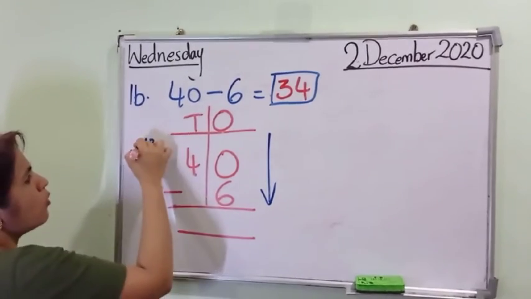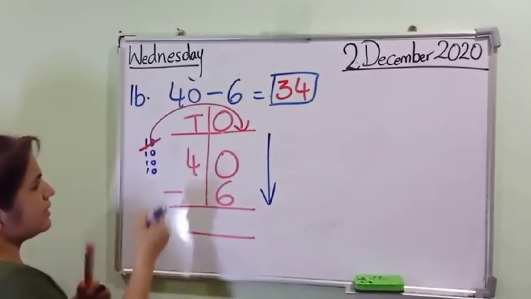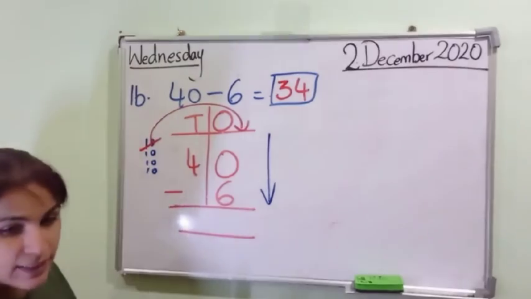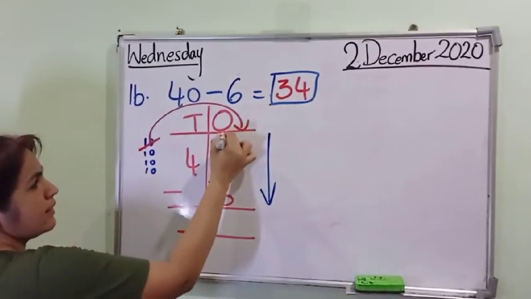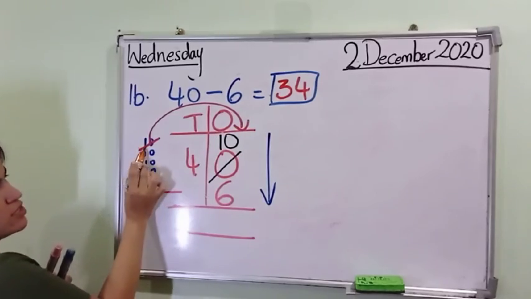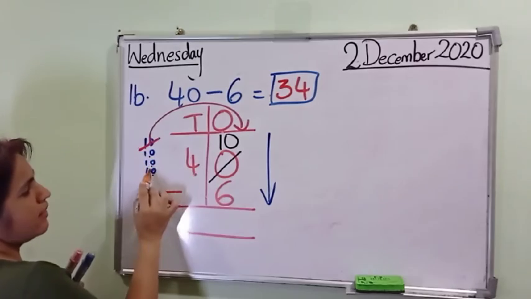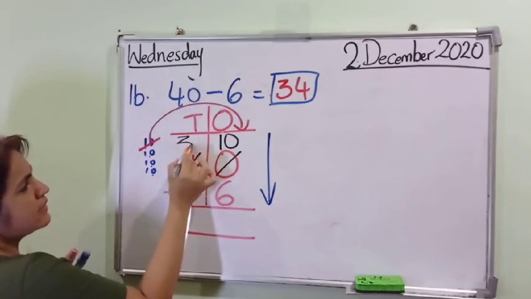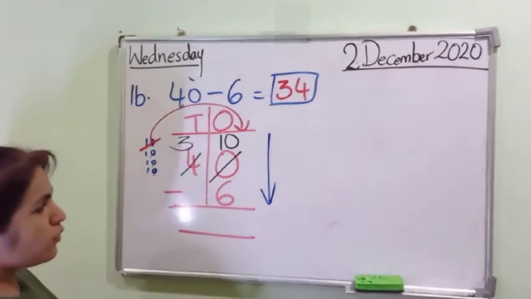So you borrow 1 ten and bring it here. So 10 plus nothing, that is 0, is 10. Okay, now after you have borrowed, in tens place there are only 3 tens left. 1, 2, 3.